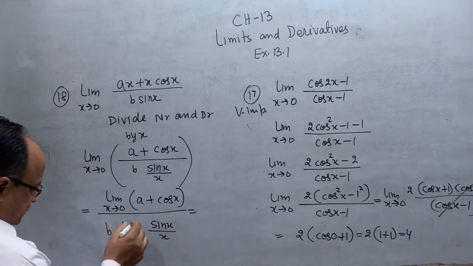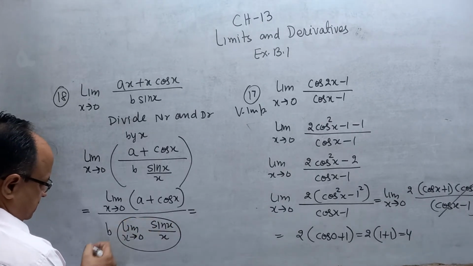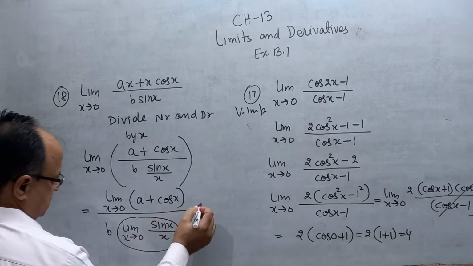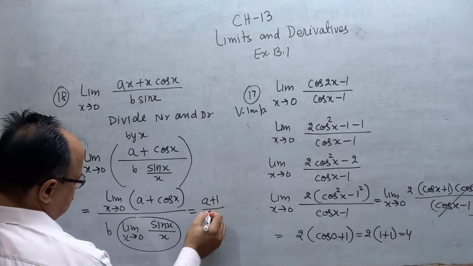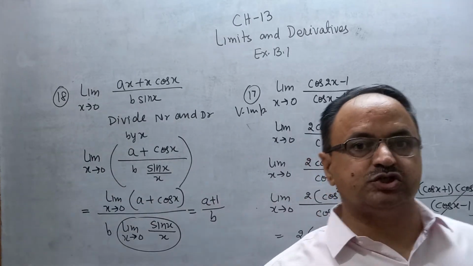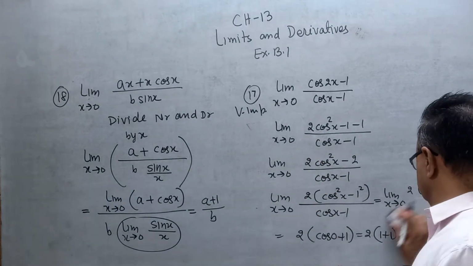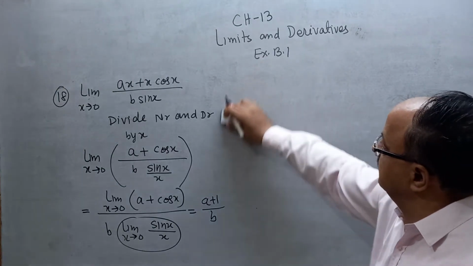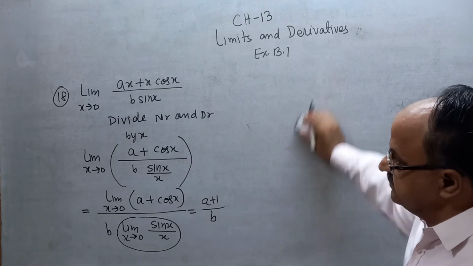You know that this is equal to 1. I apply direct limit here. When you put 0, cos 0 is 1, this is the answer, (a plus 1) by b. Clear?